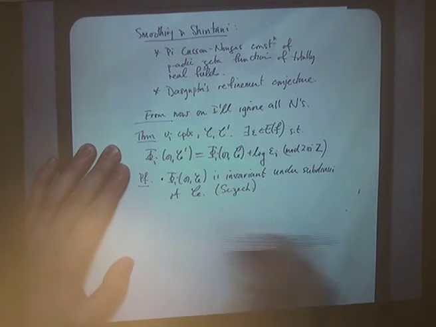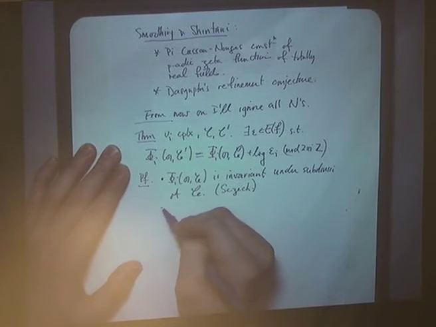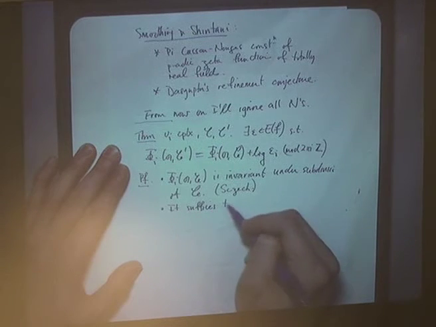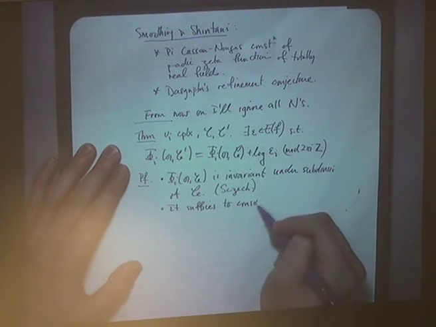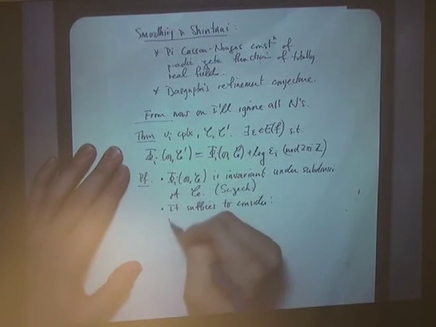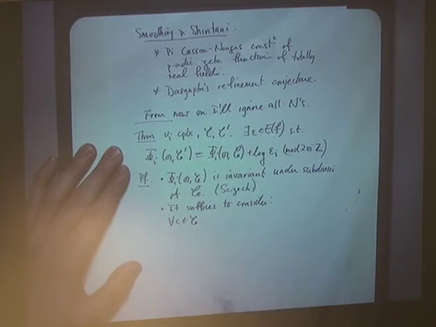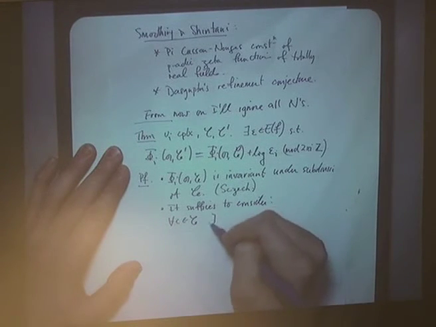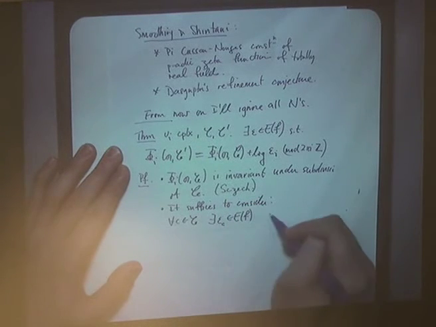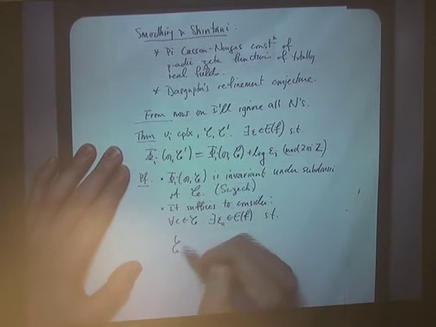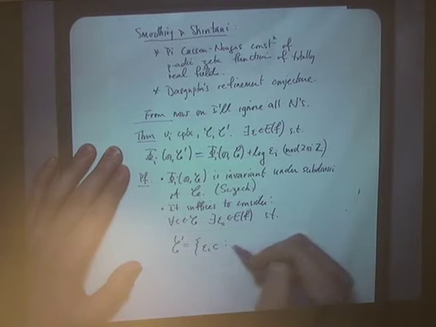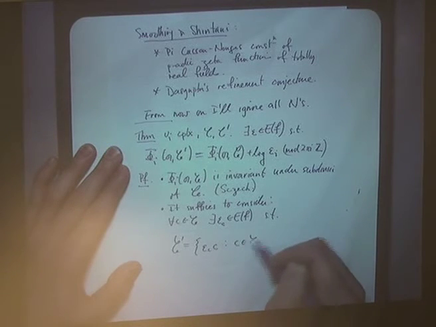Thanks to this result, it suffices to consider the following situation: for every cone in our covering C, there exists a unit, epsilon sub C, in E of F, such that C prime is just the set of all translates of the cones in C by these units epsilon.